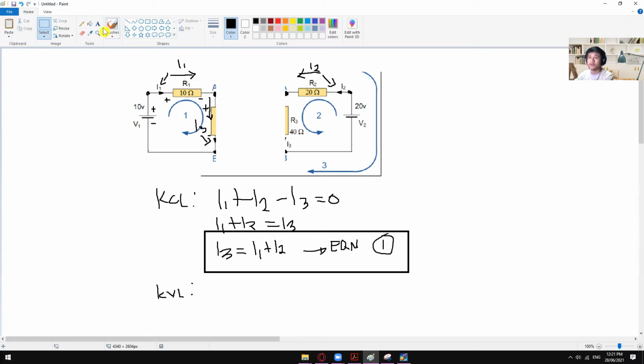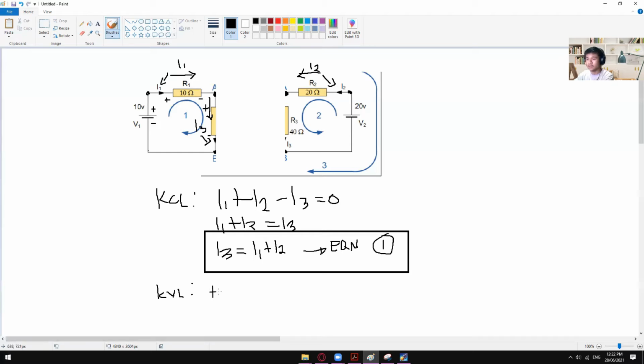To have a KVL, first is the voltage source, which is 10 volts. I will get the sign, or the polarity, this positive sign right here, the outer part of this component.